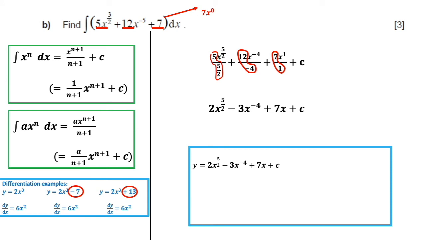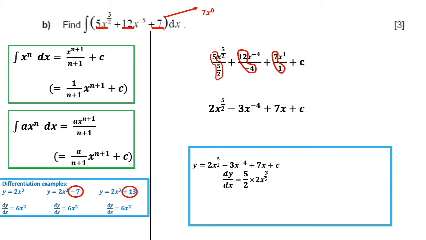So if I write down y is equal to my current answer, I'm going to differentiate it. This time we're going to bring the power to the front, so it becomes 5 over 2 times 2, and we're going to decrease the power by 1. So 5 over 2, take away 1, would leave us with 3 over 2.